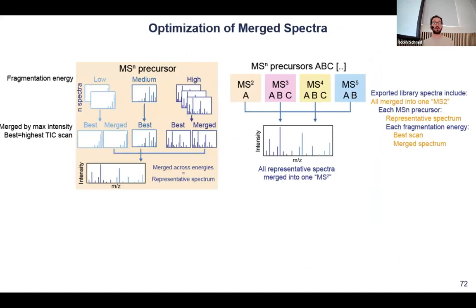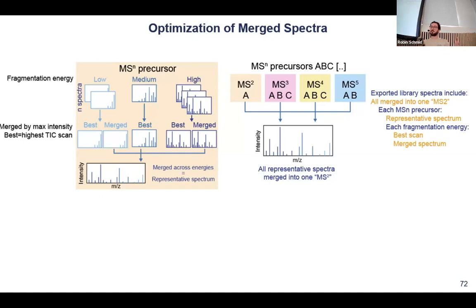And then a question that is always coming up is, how do we merge spectra, right? Right now, let's say we measure at 3 different energies. And for this project, we even measured in MSn. So there's going to be a lot of spectra generated for one compound. Our approach is that we use all the spectra with different energies. We merge them into individual spectra for low, medium, and high energy.